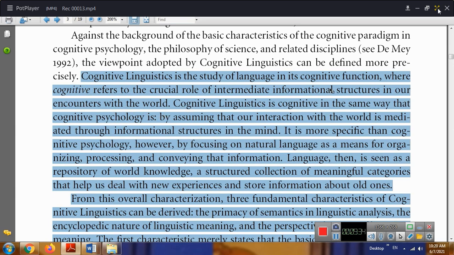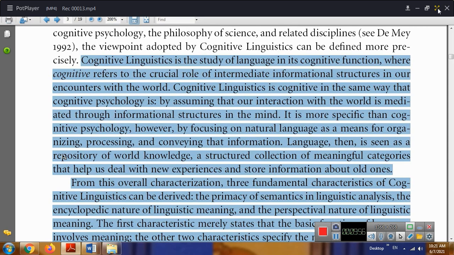Cognitive linguistics is cognitive in the same way that cognitive psychology is, by assuming that our interaction with the world is mediated through informational structures in the mind. It is more specific than cognitive psychology, however, by focusing on natural language as a means for organizing, processing and conveying that information.